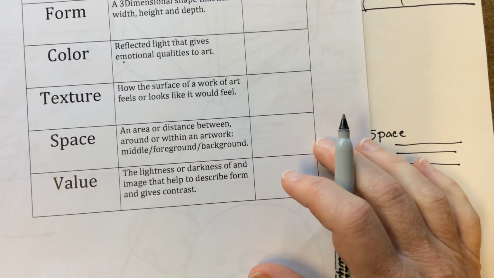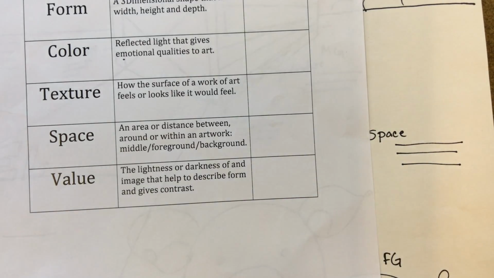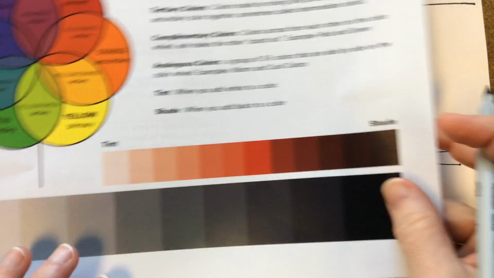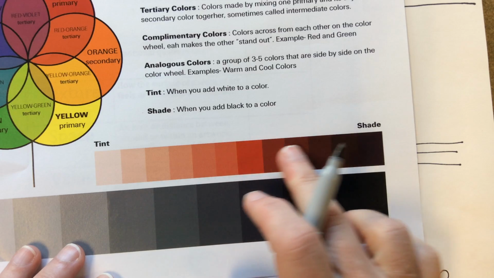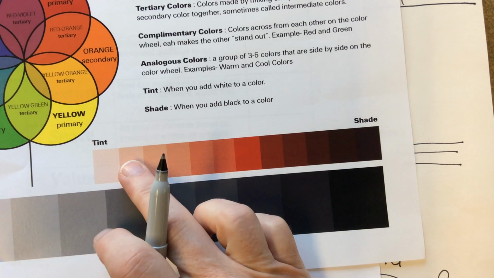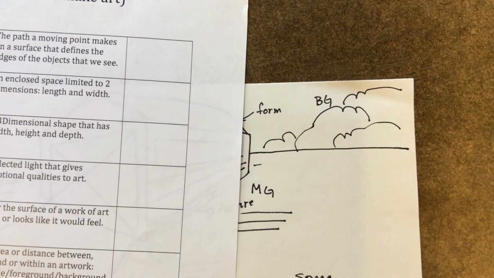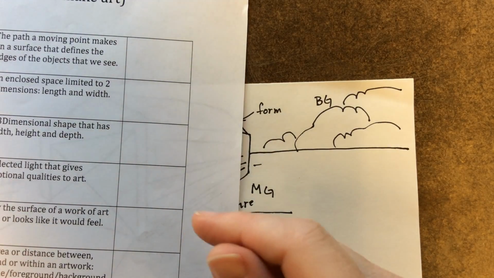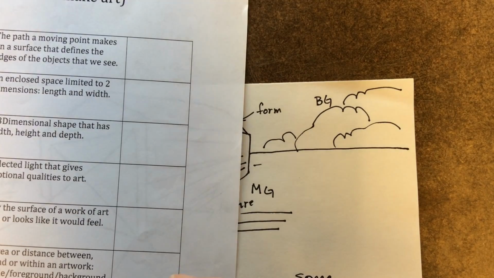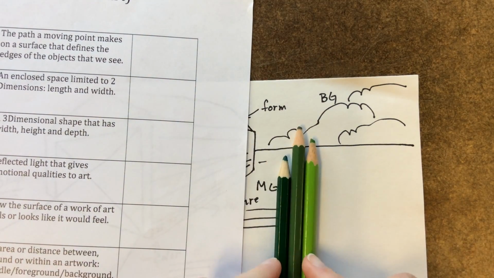Value is the lightness or darkness of an image. So, an example of value: you have a color, and you have lights and darks of that color. So on my example, I could go in with my trees and take some darks and light greens. From far away, you can have medium, dark, and light green.